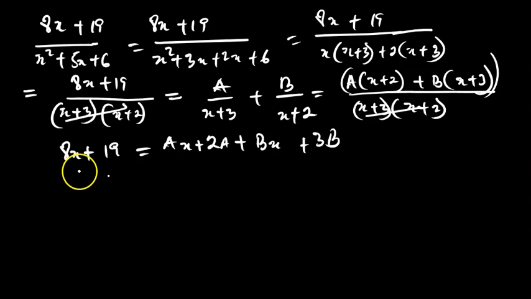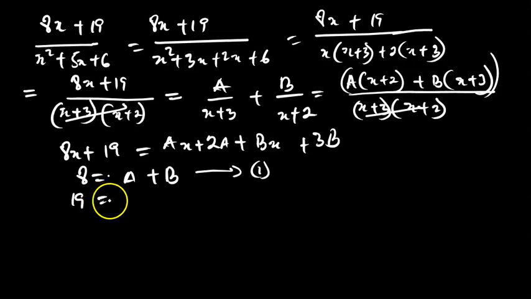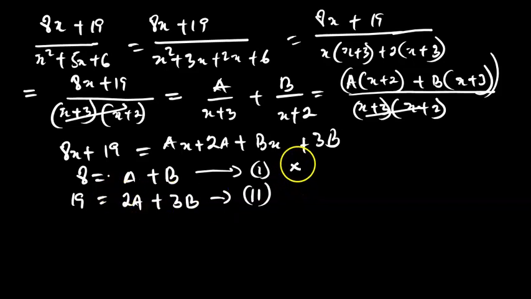Equating coefficients, we can say that 8 is equal to A plus B. Let's call this equation 1. And 19 is the same thing as 2A plus 3B. Let's call this equation 2. To use the elimination method, let's multiply equation 1 by minus 2.